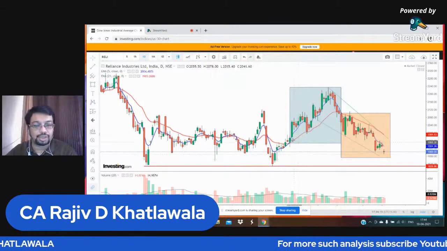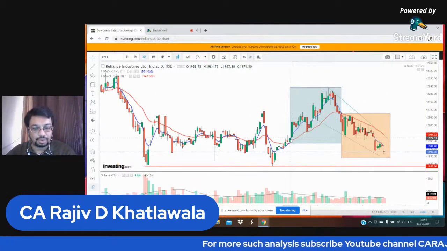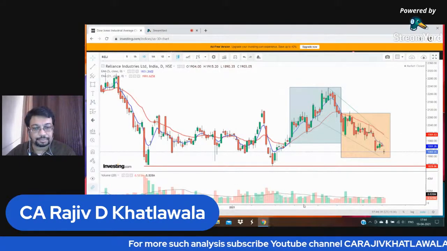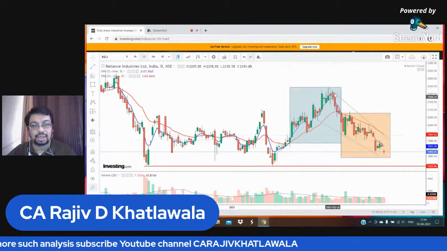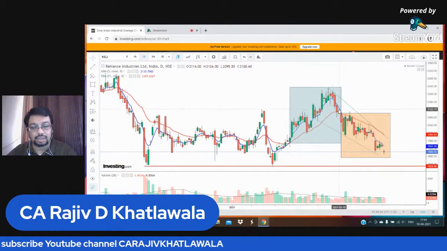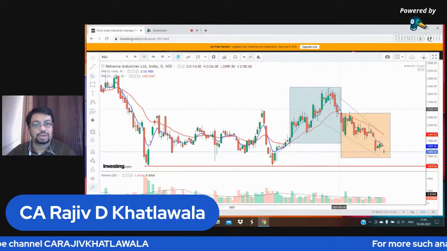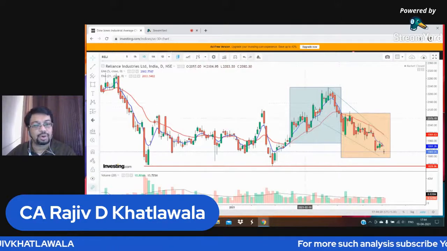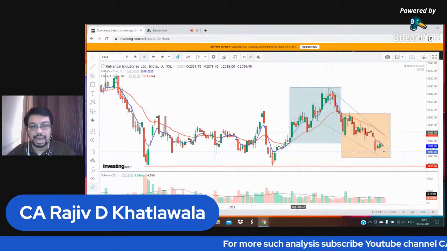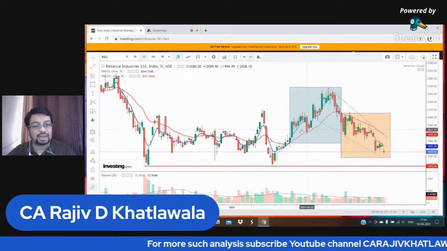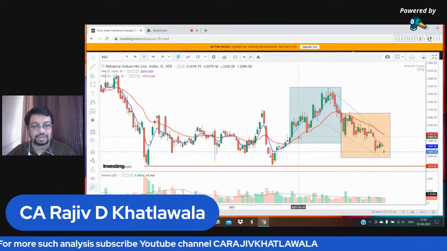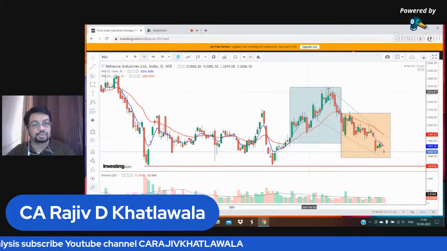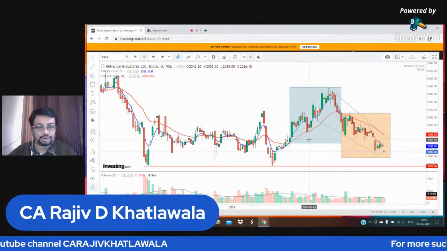So as you can observe, from almost 10th of February till 16th of March, the price was in a positive mode, I mean a buying mode, because the 5 moving average was above the 21 moving average, which is represented by this blue shaded portion.